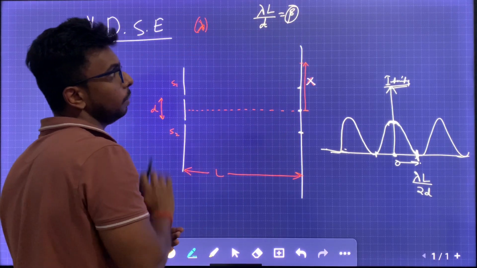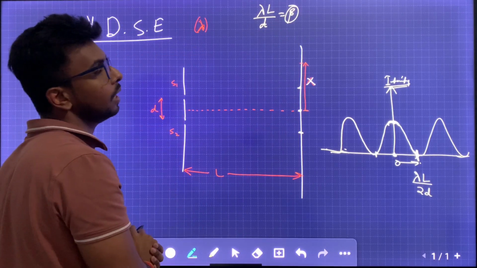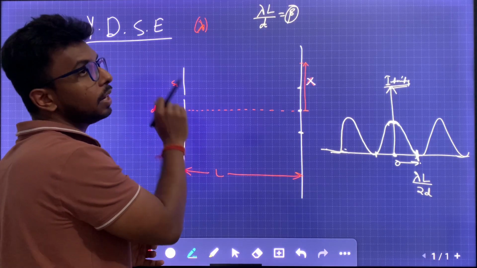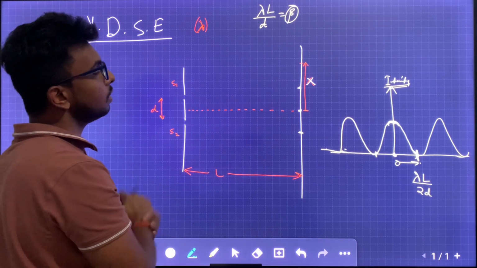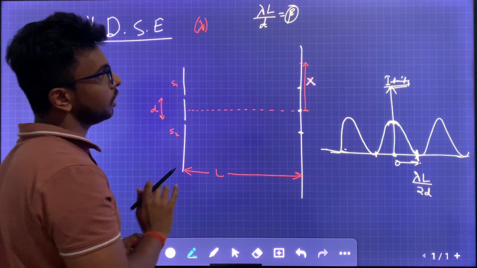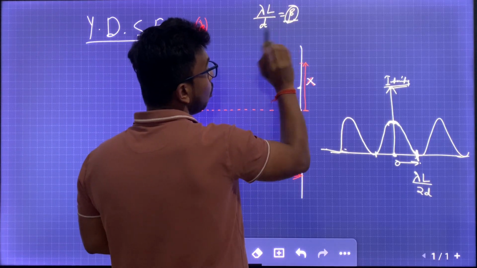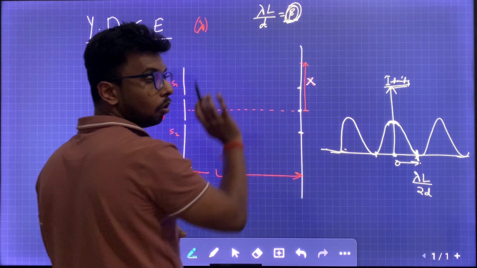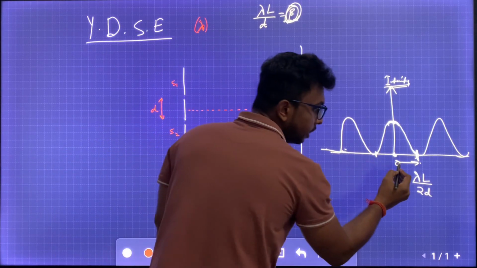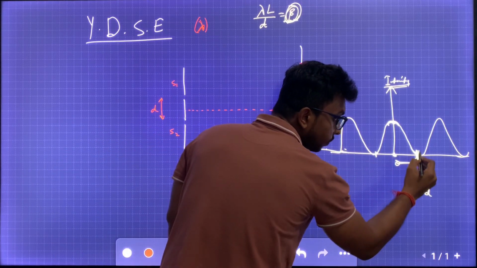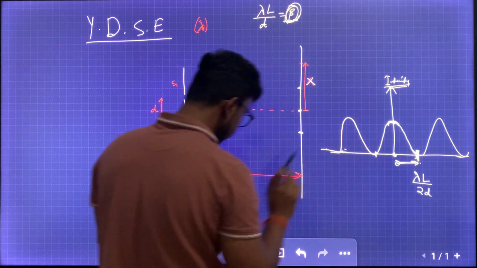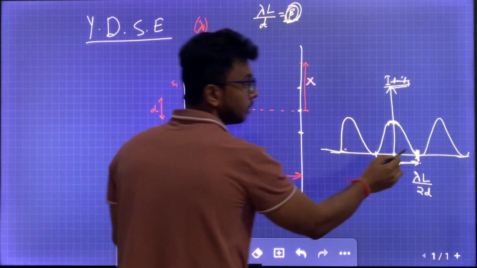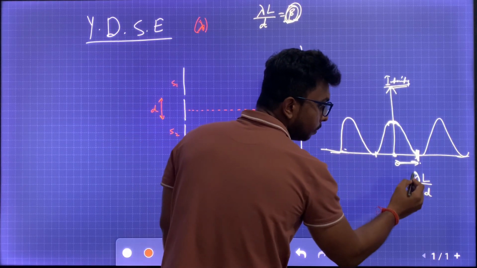Lambda is the wavelength, L is the screen separation, D is the distance between the two slits. Now this is beta, or this could basically be the position on the screen also. This is the location of the first dark line. Remember, here it is darkness, not brightness. So this is the minimum, lambda L by 2D.